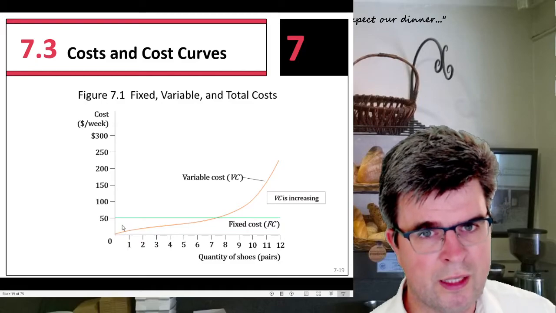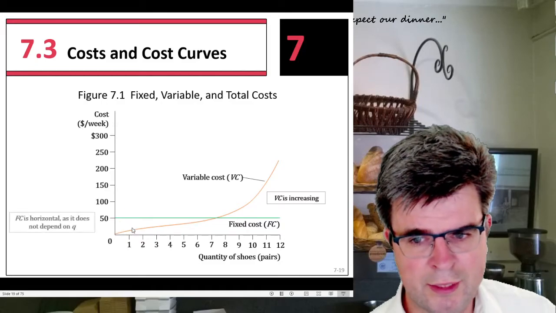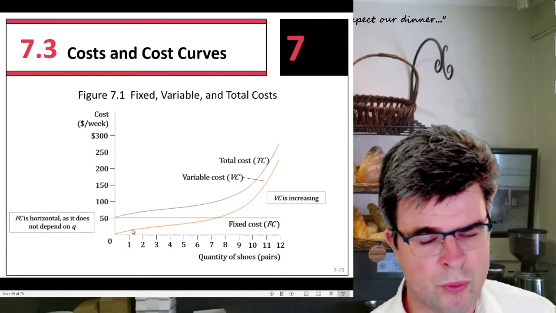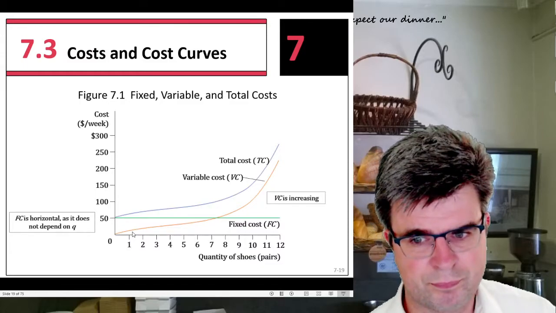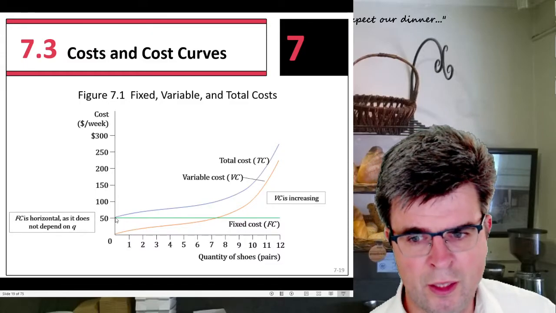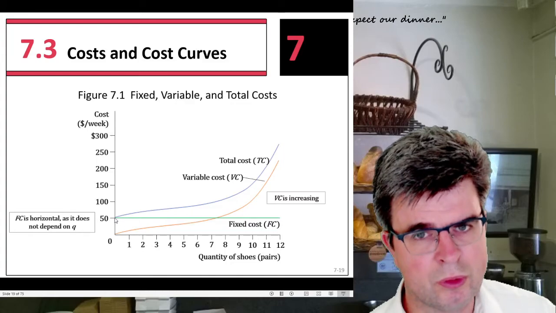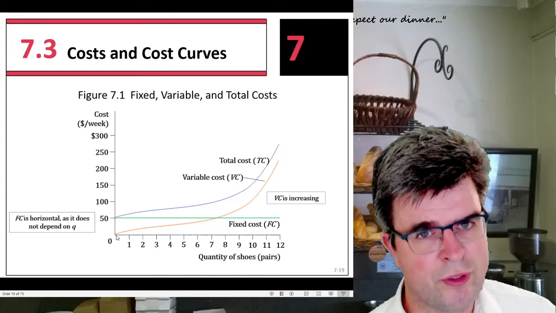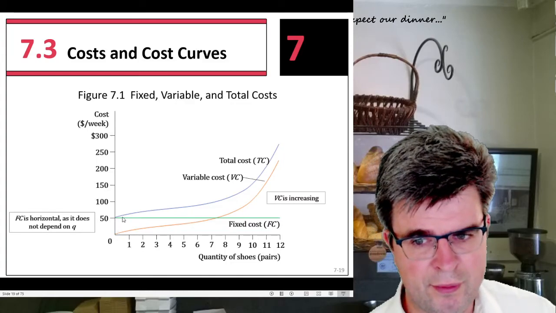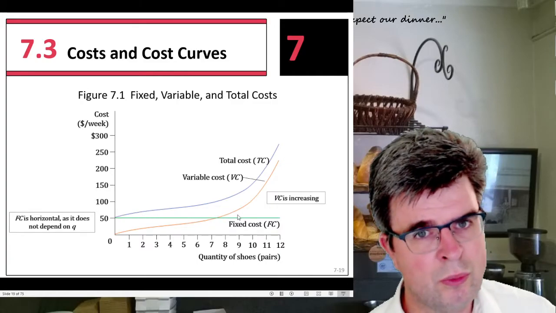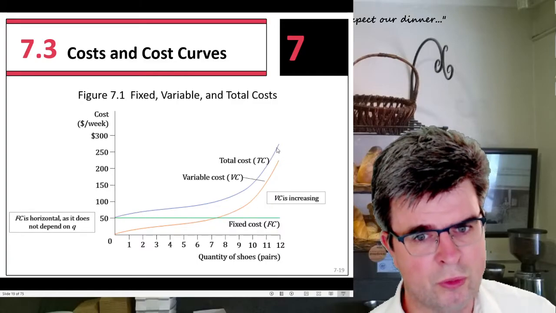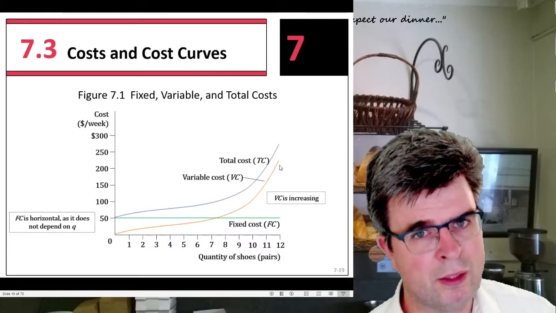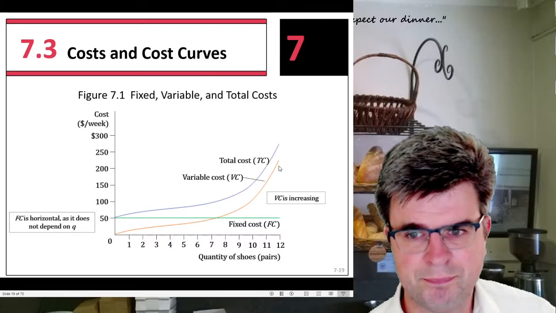So you vertically aggregate the two lines and you get the total cost function. Here, if you don't produce, the total cost is equal to the fixed cost because there's no variable cost involved. And then the more you produce, the more your total cost will be determined by your variable cost.